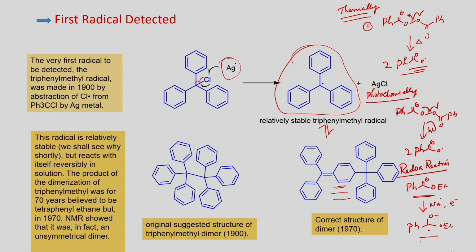Already we have studied this; once you form this radical, it can undergo further reaction. So, radicals can be generated in three ways. If you have a weak bond, when you heat it, it can be cleaved homolytically and you can form the radical. Similarly, if you irradiate, this bond can undergo cleavage and you will be able to form the radical. Similarly, if you provide an electron, you will be able to form a radical intermediate which can be further converted into useful compounds.